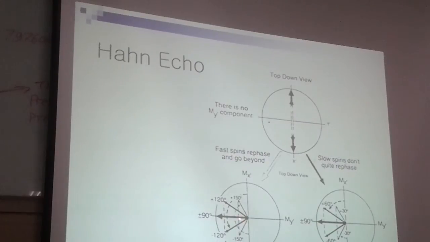All spins have some dispersion state. So the magnitude of the Hahn echo signal becomes half of the spin echo signal intensity. So that's the characteristic of the Hahn echo.